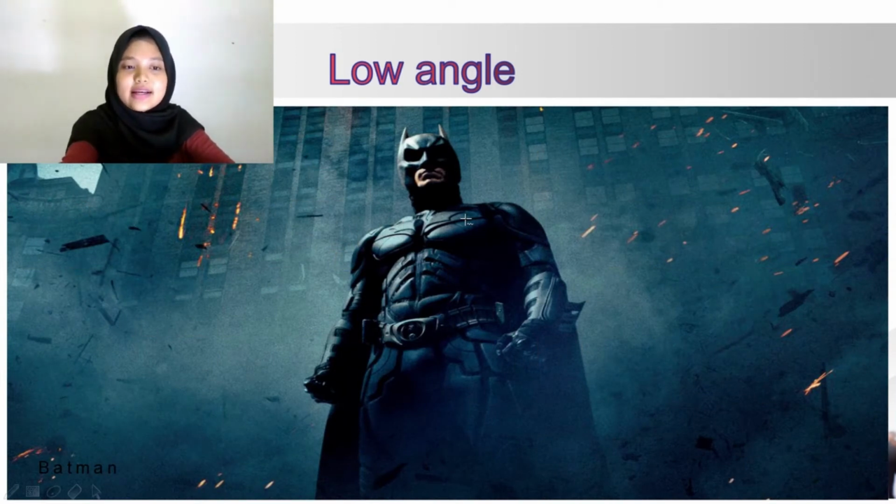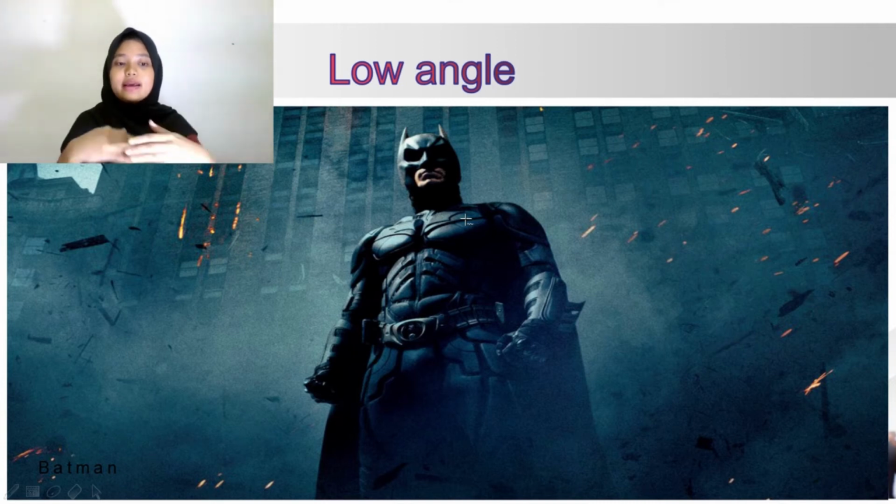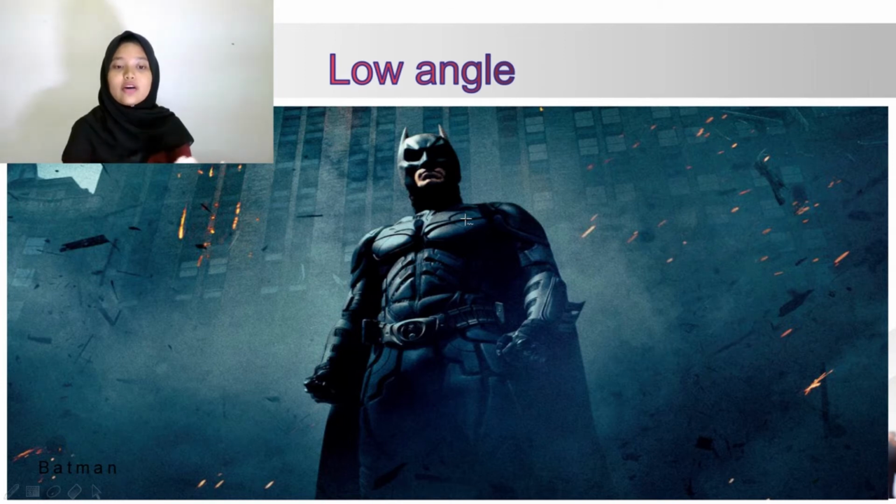Second, I will explain to you about low angle. Low angle is used to show the power of the character. The camera is below the character, making the subject look bigger and showing he dominates the situation.